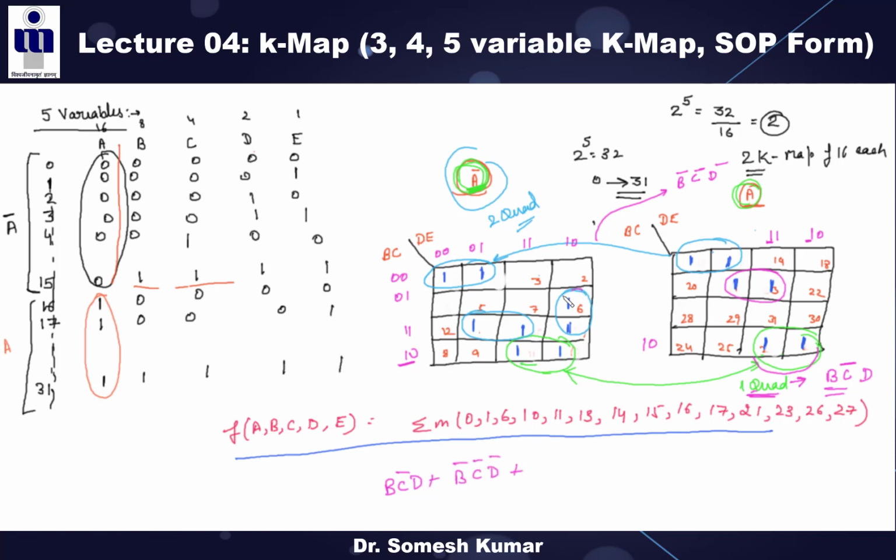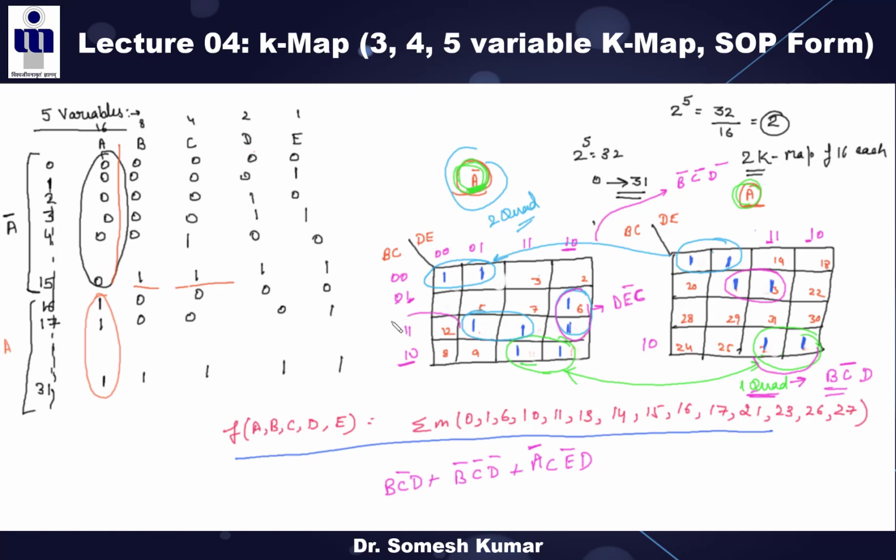What is this pair answer? This one is common. D, E bar. And from this which one is common? This one is common, C. Right? So C, E bar, D. Now what do we have to add with this? A bar we have to add because this pair is from this A bar only. Right?